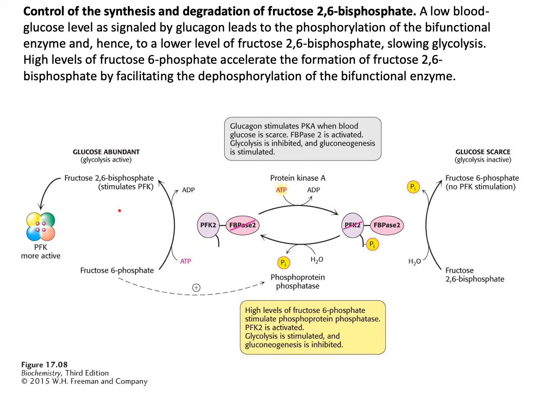High levels of fructose 6-phosphate accelerate the formation of fructose 2,6-bisphosphate by facilitating the dephosphorylation of the bifunctional enzyme.